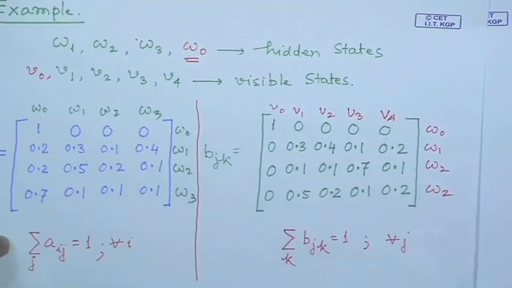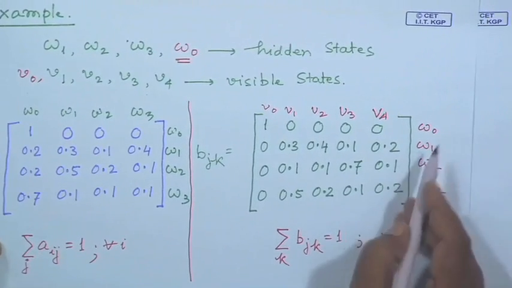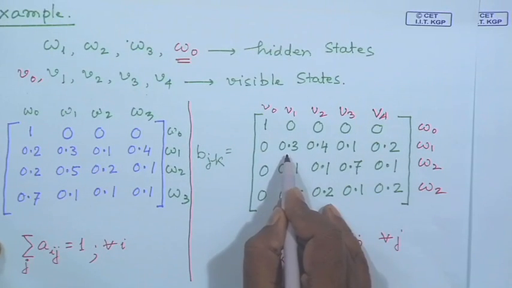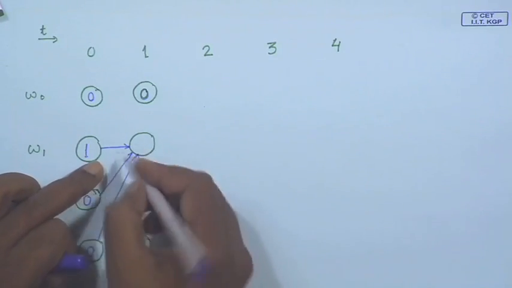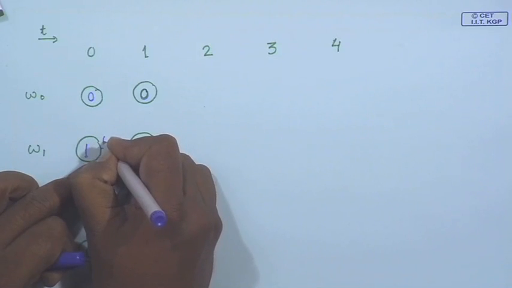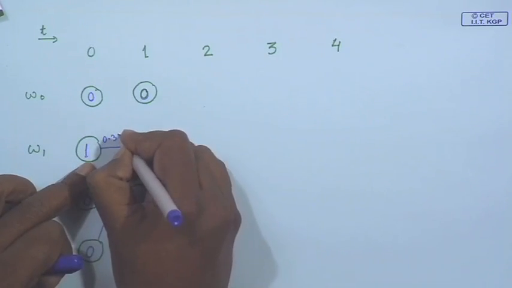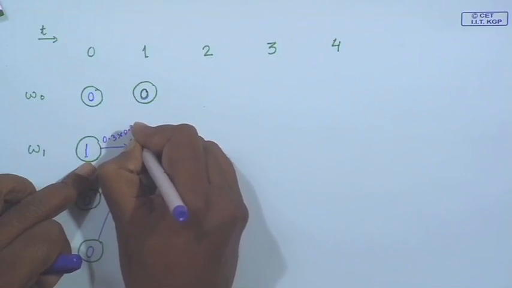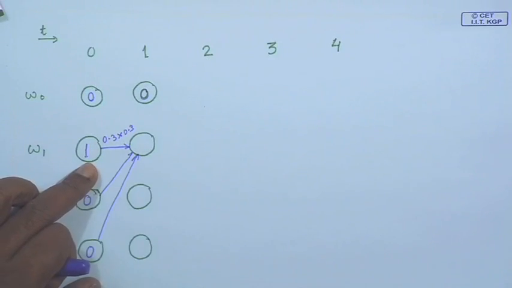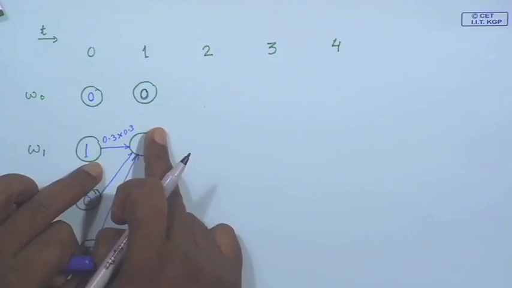So, the probability that from state omega 1 it outputs V 1 is 0.3. So over here it will be 0.3, the transition probability from omega 1 to omega 1, multiplied by 0.3 again, which is the emission probability of the visible symbol V 1 from state omega 1. So, this is 0.3 into 0.3.